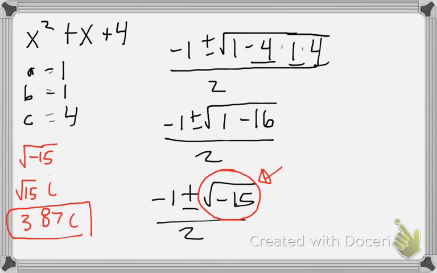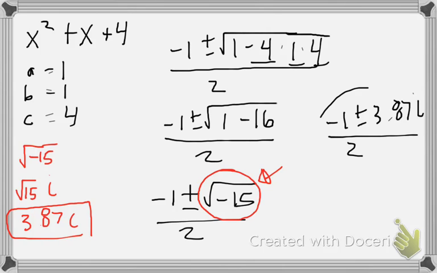So we can easily just rewrite our equation with our newfound information that is more simple. We have our -1 plus or minus 3.87i all over 2. So all we're going to do is solve this equation twice and we'll come up with our zeros.